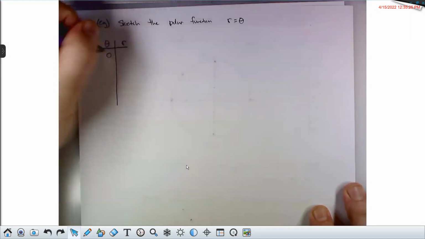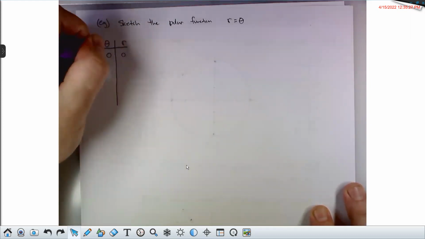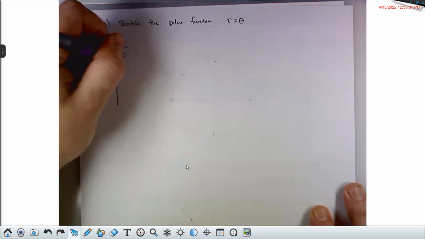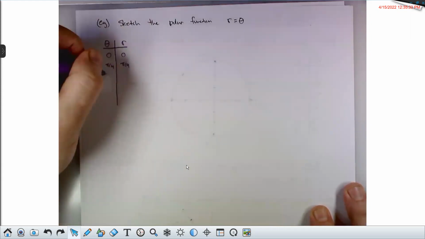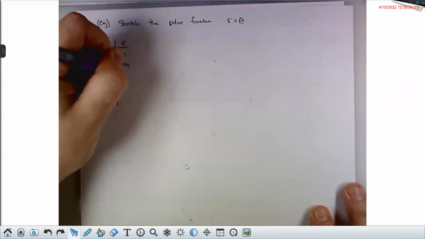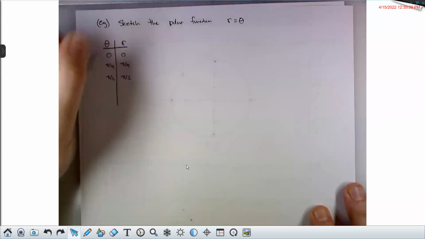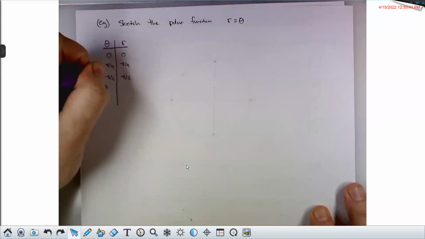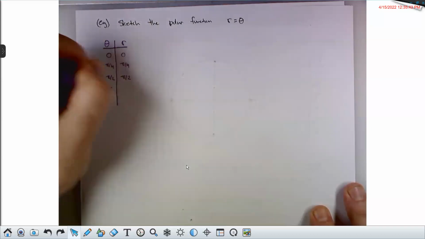If theta is 0, r is 0. If theta is pi over 4, r is pi over 4. If theta is pi over 2, r is pi over 2. If theta is pi, r is pi.